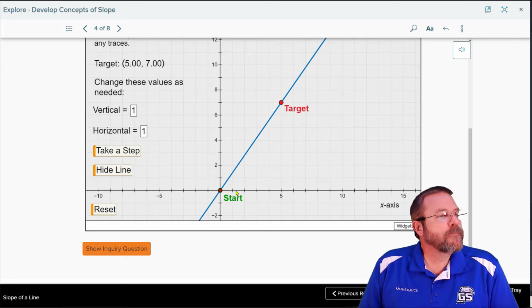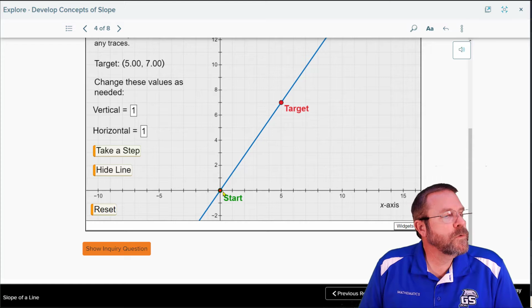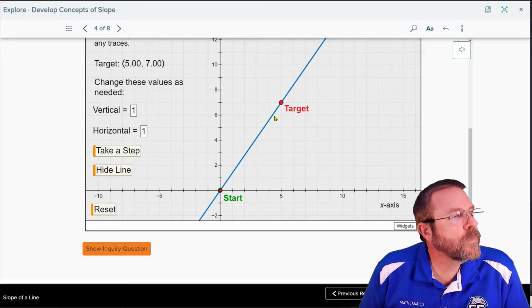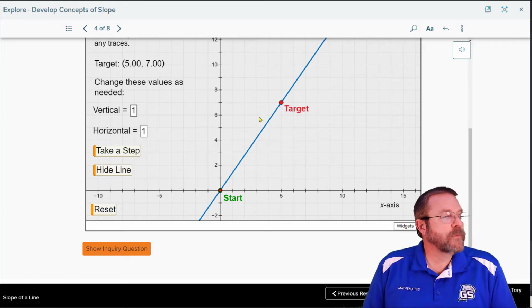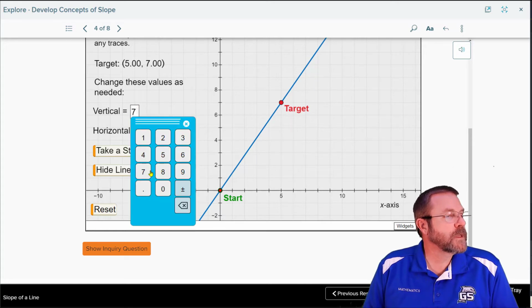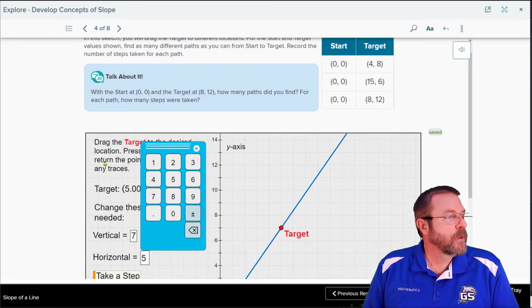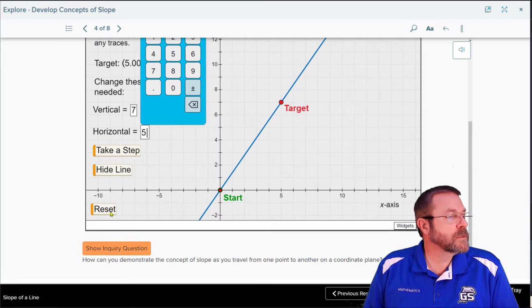And I want to find what 2 points I could do that's going to get me to where I want to be. And let's see, that doesn't intersect that one. That one's close, but nope, nope, nope. About the only thing I can see that's going to get me where I need to be is if I do a vertical change of 7 and a horizontal change of 5. That's going to be one big honking step.